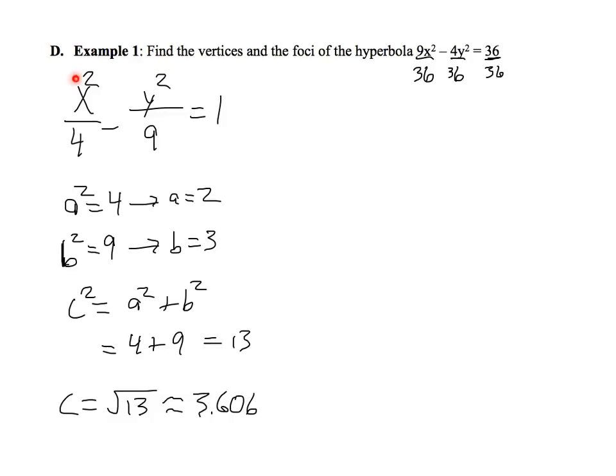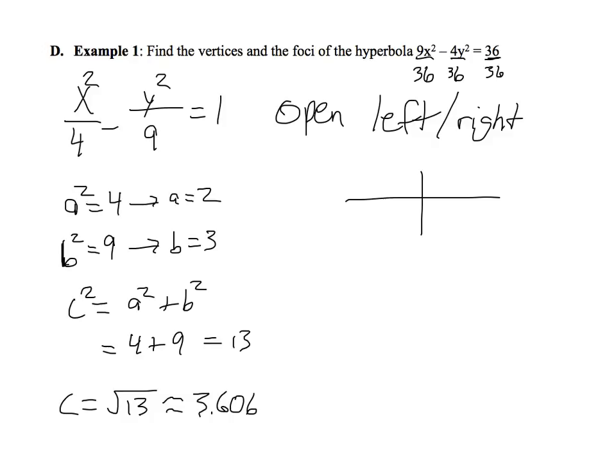So again, if I were to maybe make a picture of this, I suppose one thing I should have written down a little bit ago, the fact that x squared came first, that tells me it's going to open left and right. Okay, so if I were to draw a picture of this, a is 2, so I have to go 2 to the right and 2 to the left to come up with my vertices.